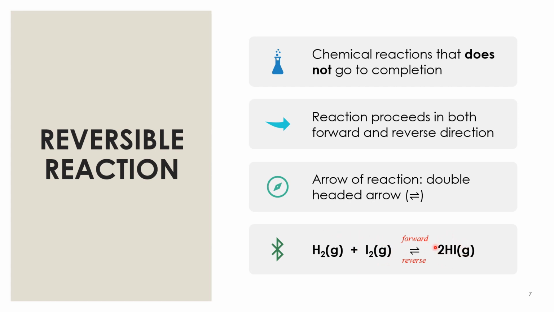And after concentration of the product ini adalah lebih tinggi berbanding these reactants, maka reverse reaction will take place. So apabila reverse reaction takes place, HI will be the reactant and these two will become the products. So in reversible reaction, both direction of reaction boleh berlaku sehinggalah keseimbangan tercapai di antara forward and reverse reaction.